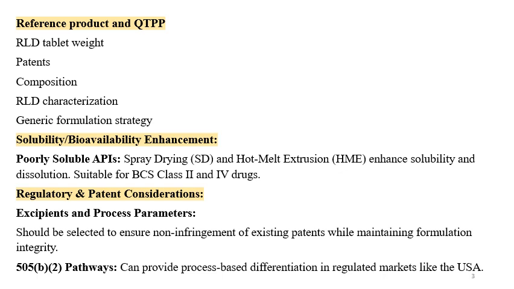Excipients and process parameters are the things which are required to be selected to ensure non-infringement of existing patents while maintaining the formulation strategy. 505(b)(2) pathway products can provide process-based differentiation in regulated markets like US. If you are working on a hybrid type of formulation, then the process should be selected considering the nature of the formulation.